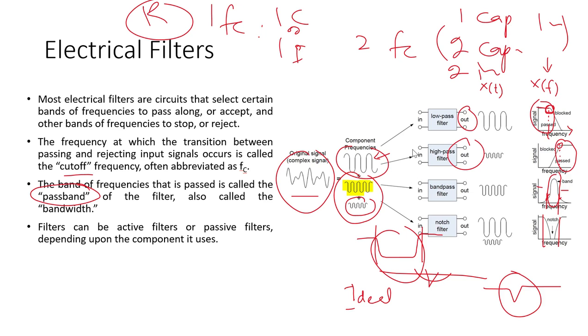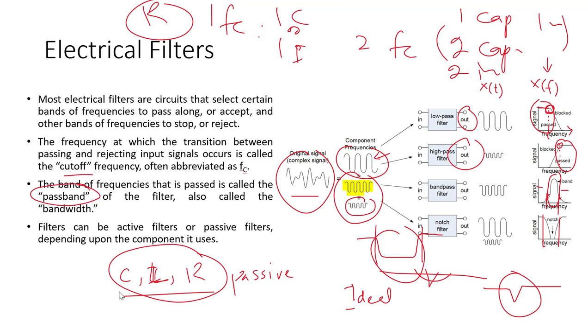Filters can be active filters or passive filters depending upon the components that we use. If we use capacitor, inductor, resistor, this would be a passive filter because all can only do drops, nothing can give us extra energy. So a passive filter would have these things.